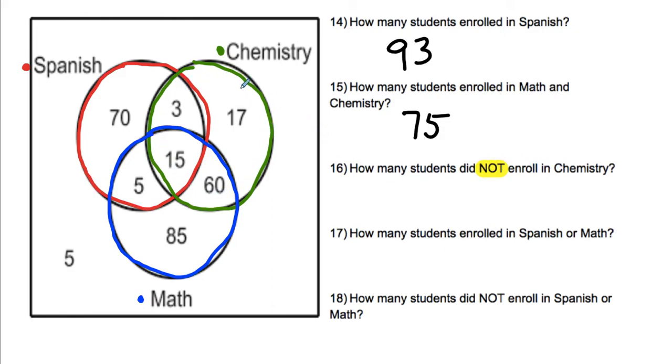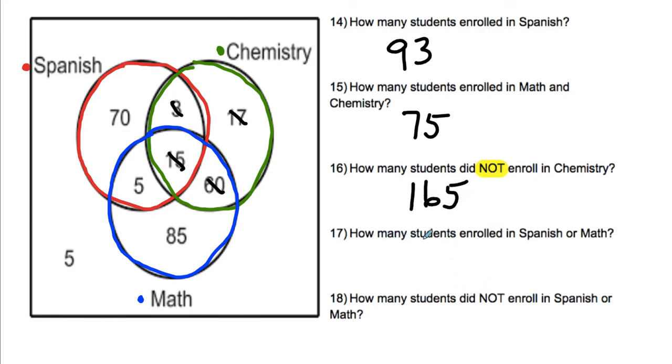Well, that's everyone in the green, all these 4 groups. So if I want the ones that did not, then I'm just not including those. So those 4 people, I'm not going to count, because those are the ones that did. Everyone else didn't, right? So I just need to add up what's left. And if I add those, I get 165.